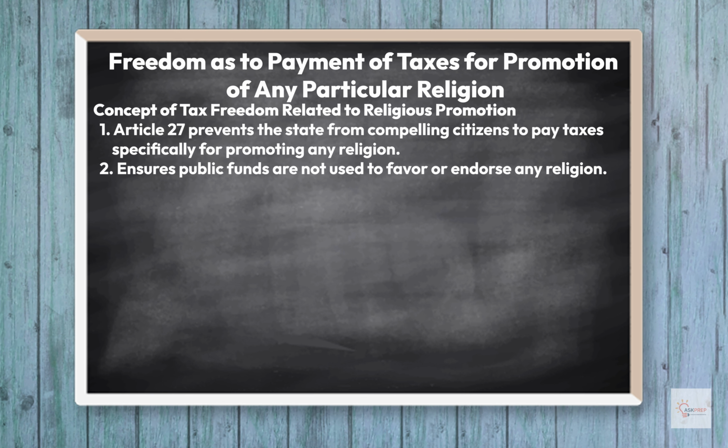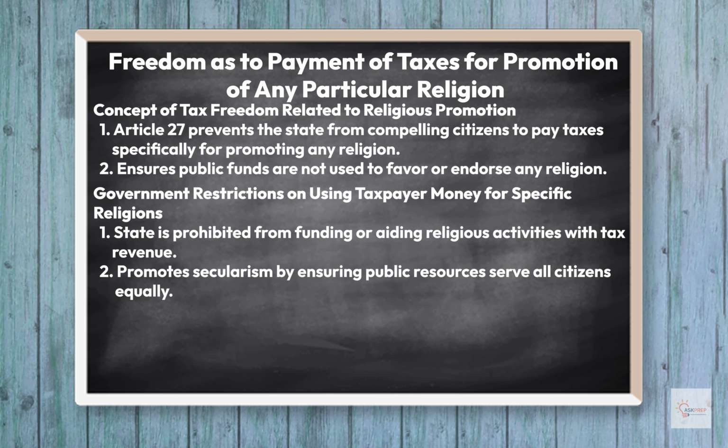Ensures public funds are not used to favor or endorse any religion. Government restrictions on using taxpayer money for specific religions. State is prohibited from funding or aiding religious activities with tax revenue. Promotes secularism by ensuring public resources serve all citizens equally.